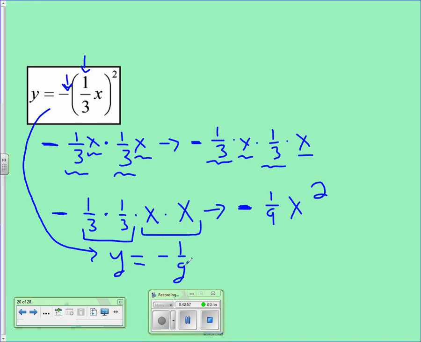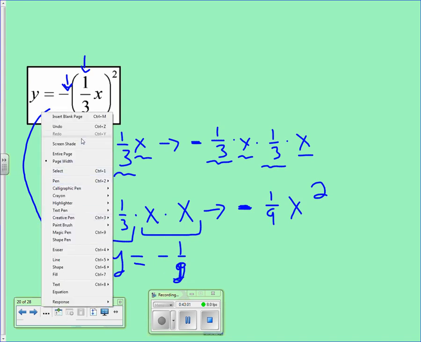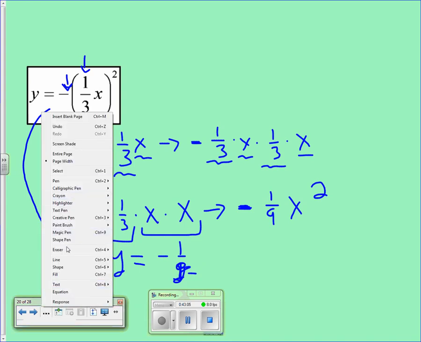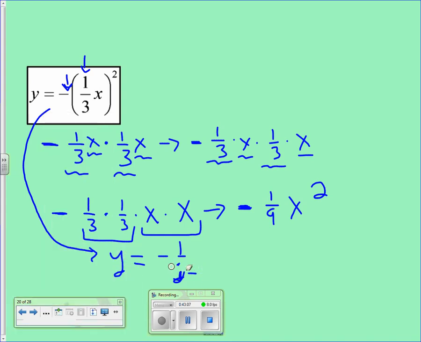Oops, that's not a 9, that's a G. Let me erase it. This is not working out for me. Okay. There we go. Negative 1/9 x squared.